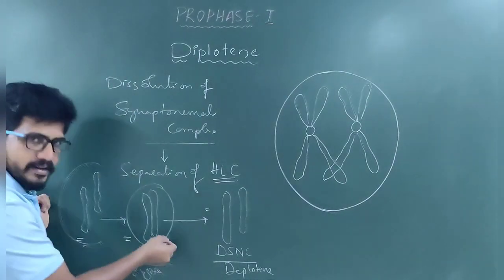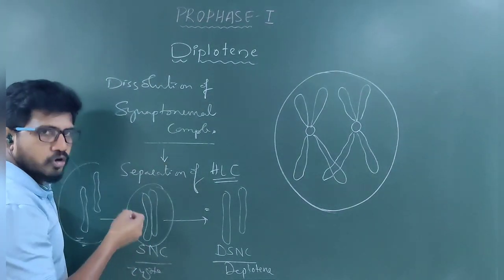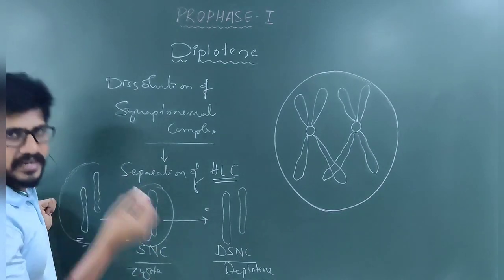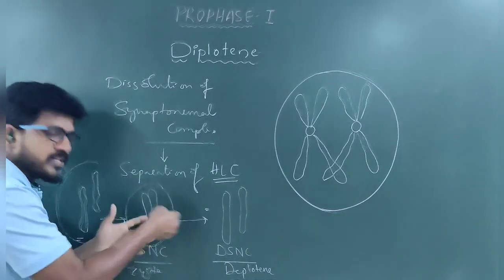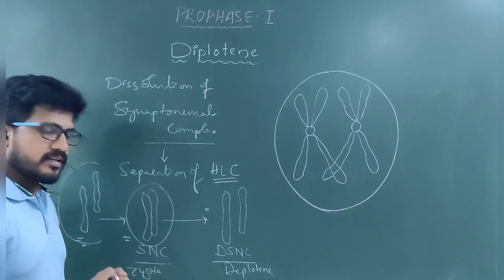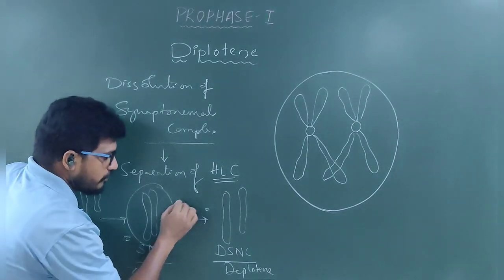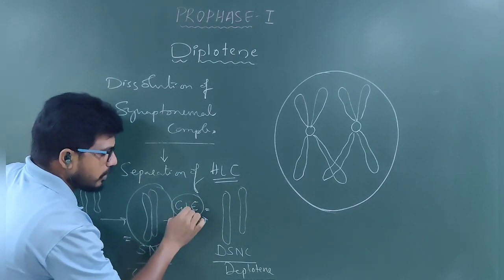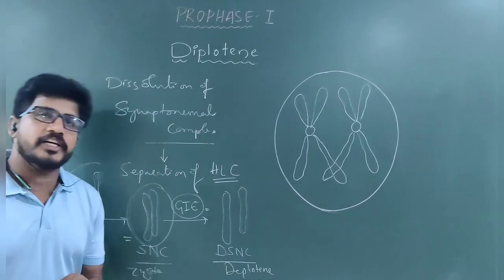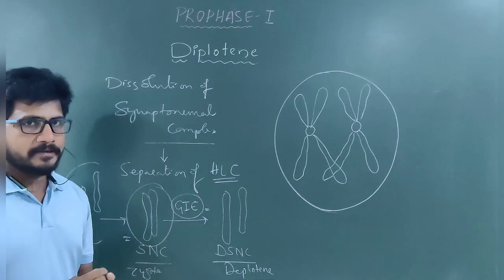After exchanging the information by recombination and crossing over, which takes place in the pachytene, this happens in the zygotene, but information will be exchanged in the pachytene. After pachytene, that means after genetic information exchange, again they become separate.